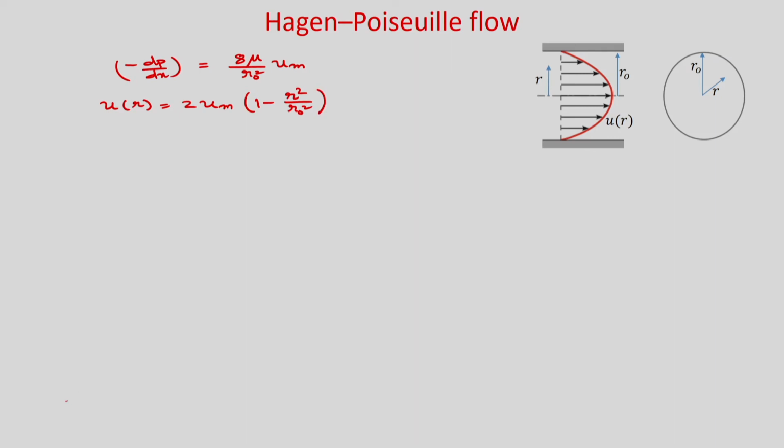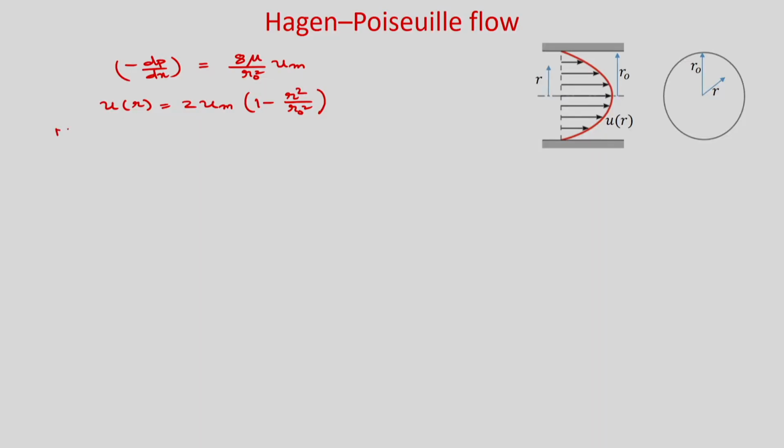Similarly, now if you find the maximum velocity, which will occur at the center line where r is equal to 0, then you can write the maximum velocity u max, which is your center line velocity u_c, is equal to u at r equal to 0.